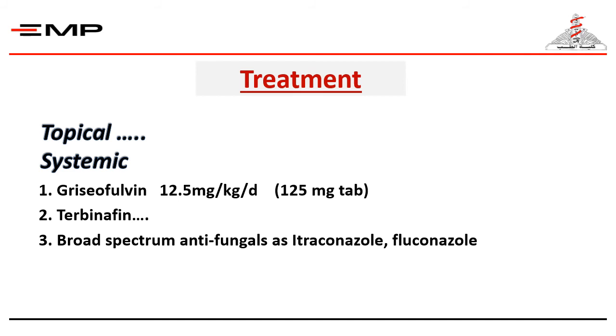Finally, we have to know how to treat a case of fungal infection of the skin, hair, or nail. The first step is to avoid any predisposing factors, as humid and sweaty conditions, including occlusive footwear, have to be minimized.